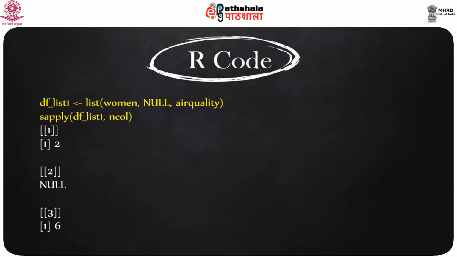Like the previous case, if we use the sapply function here and use df_list1 and ncol as arguments, then we will get a list of numbers containing the number of columns of the data frames including the null value. But remember, in the beginning we told you that sapply is supposed to give a vector instead of a list.